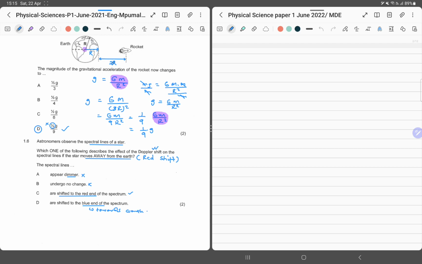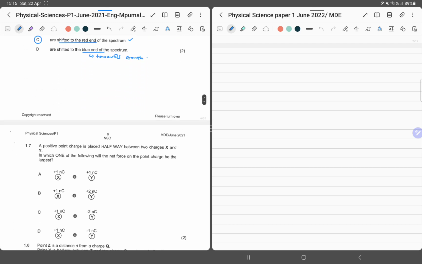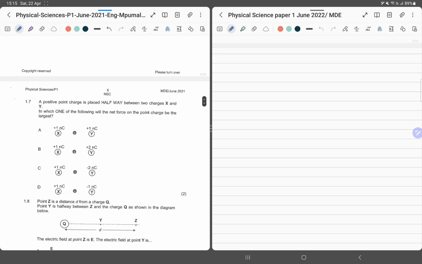Okay, so basically the answer here is this. This is a straightforward question. No time wasting is necessary. Question 1.7 says a positive point charge is placed halfway between two charges X and Y. It's a positive point charge.